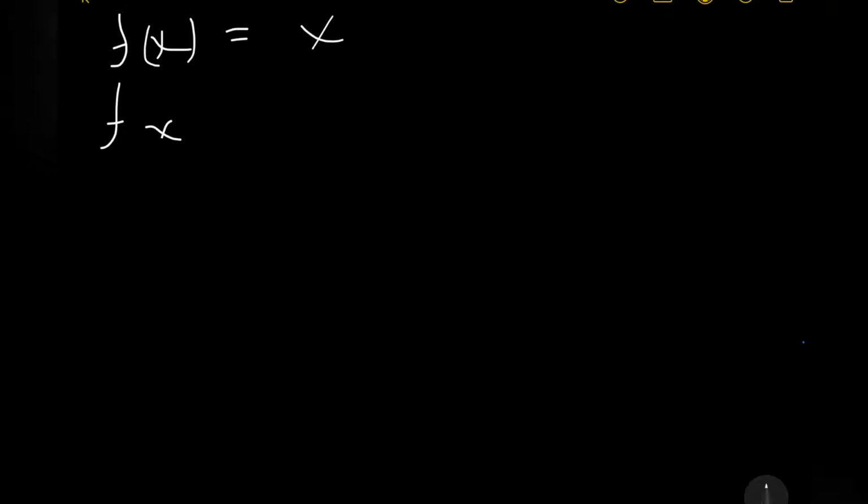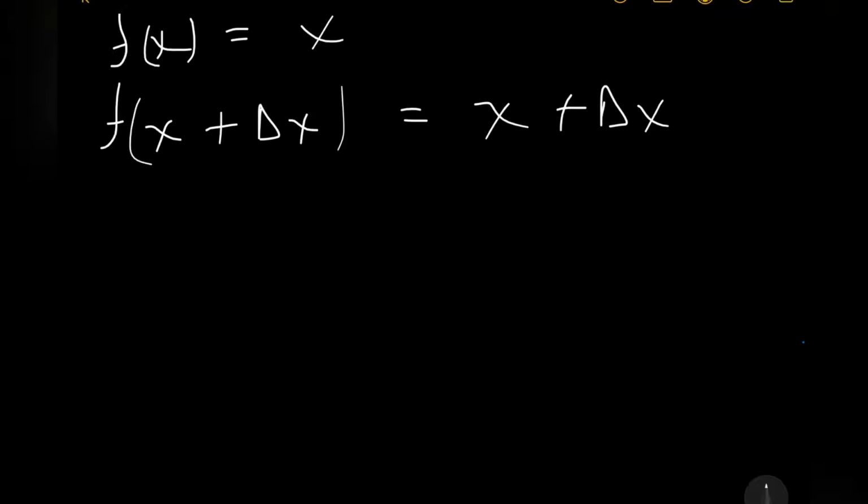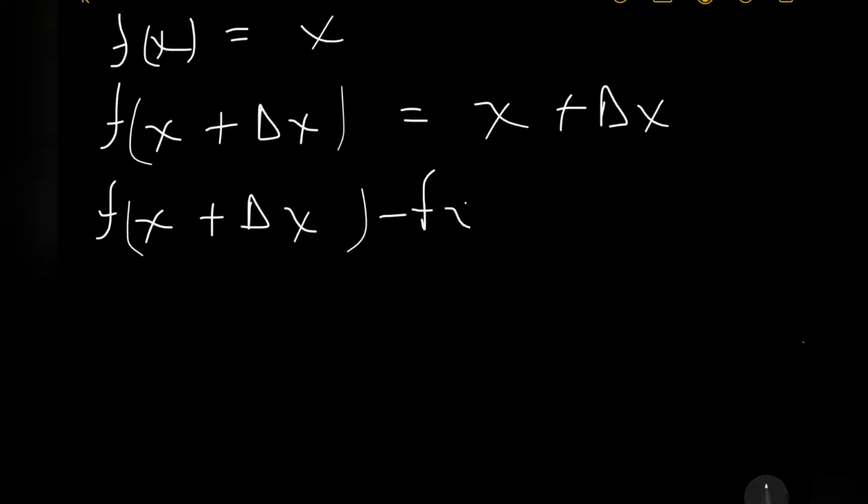So f of x plus delta x would be equal to x plus delta x. For our third step, we subtract f of x from this and divide by delta x. So we'd have our f of x plus delta x minus our f of x, and we divide this by delta x.